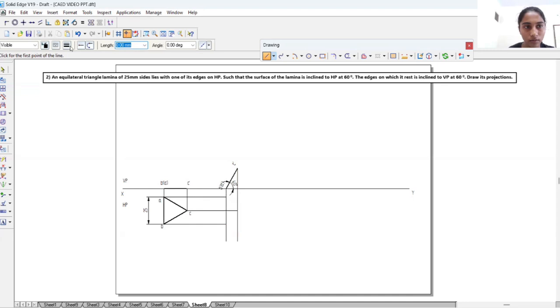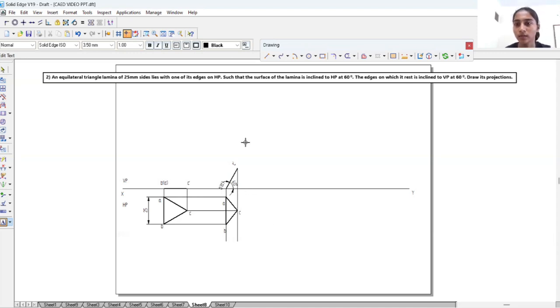We will draw a triangle here of 0.50 mm thickness. So we will choose the line option, thickness 0.50 mm, from here to here, here to here, and from here to here. Now we will give the names same as the previous one: A, B, and C.